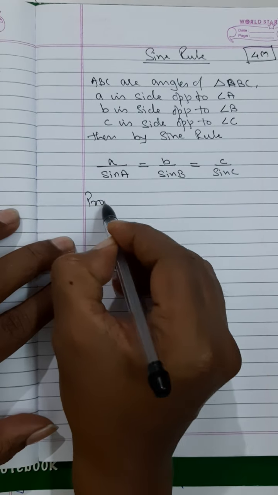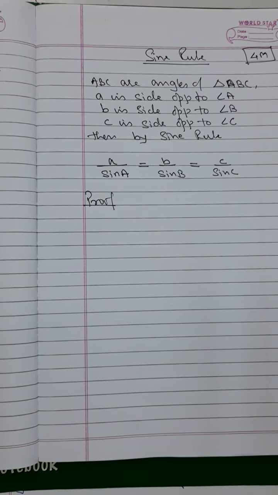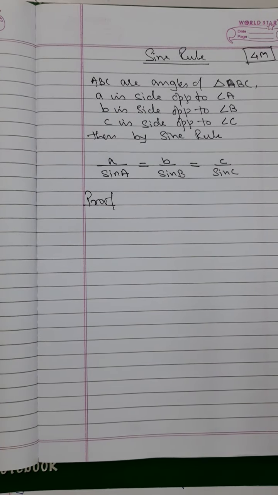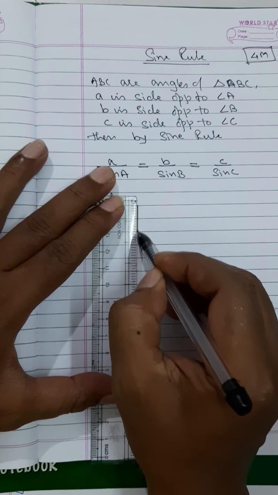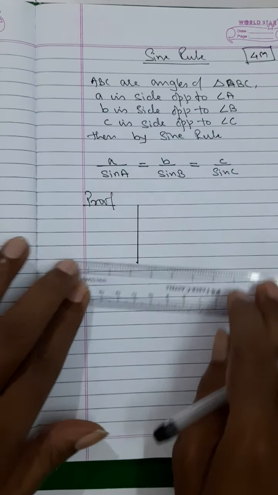See, when we go to prove this rule, definitely we need to be very strong with our basics, especially the Cartesian coordinates, the polar coordinates and all. What we have to do is basically consider the x-axis and y-axis both.